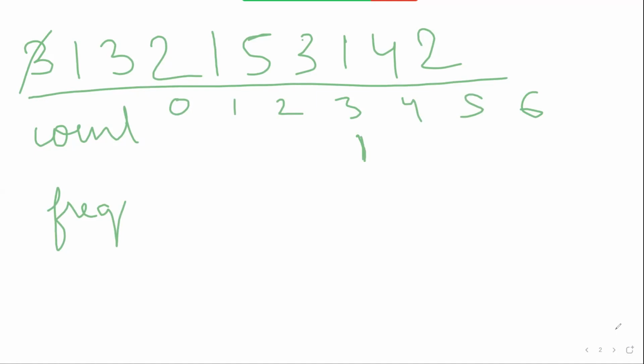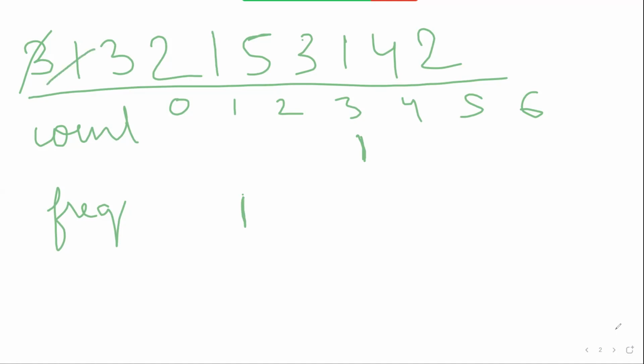Now the frequency array is going to say if there exists an element with frequency 0, frequency 1, frequency 2, frequency 3, frequency 4, frequency 5, frequency 6. So there exists one element with frequency 1. So count will be 1.